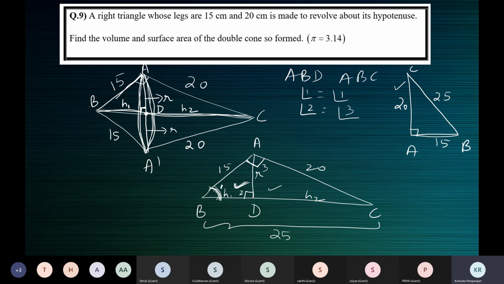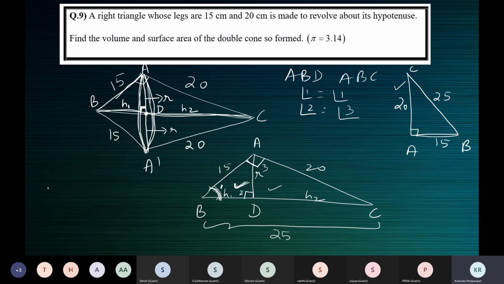In the small triangle, angle 2 is 90 degrees because it's a cone, radius and height perpendicular to each other. So now by the AA similarity criterion, the two triangles are similar to each other.